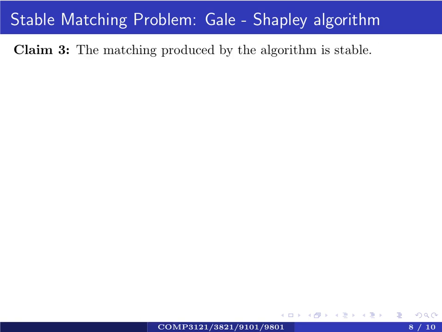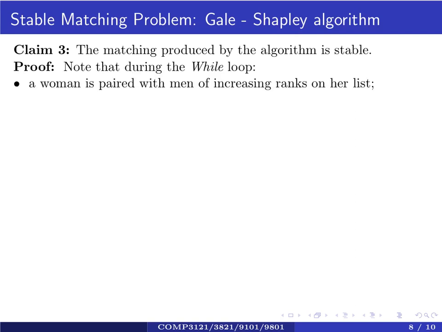Next claim, we want to show that the matching produced by the algorithm is stable, which is not clear from just the definition of the algorithm. So let's see how we prove that. During the while loop, a woman is paired with men of increasing ranks on her list because she always accepts a proposal from a man if she is either free or already paired with someone who is lower on her list of preferences.